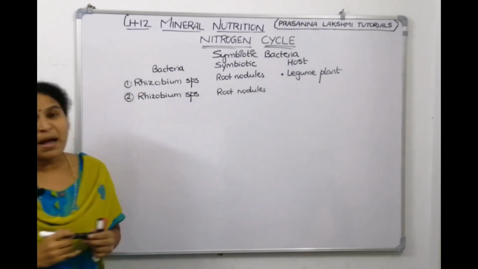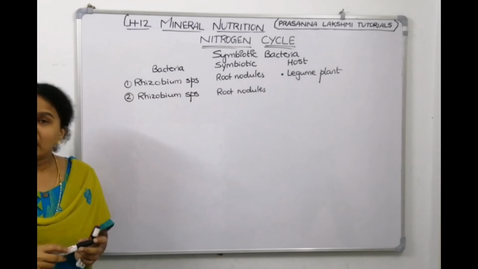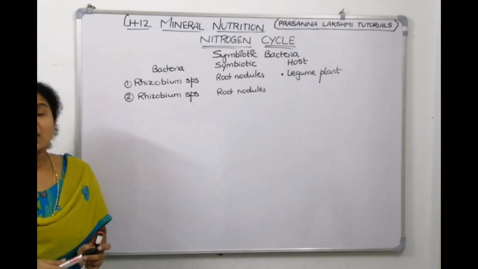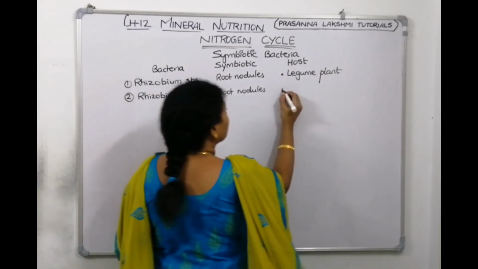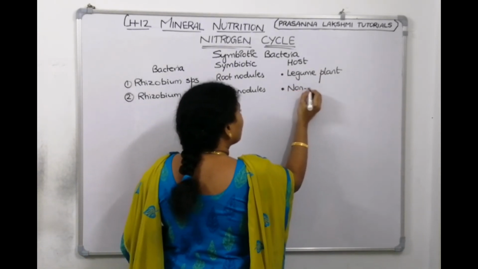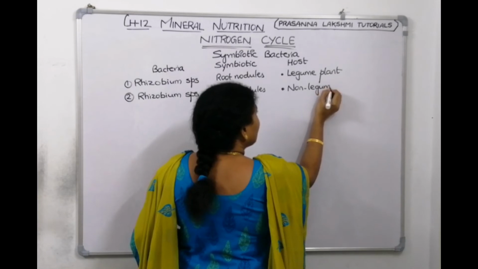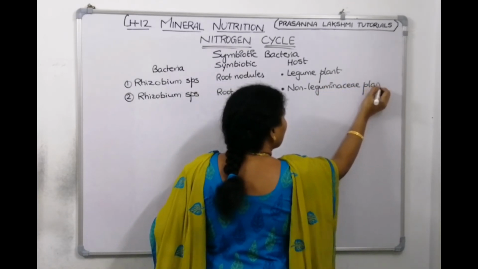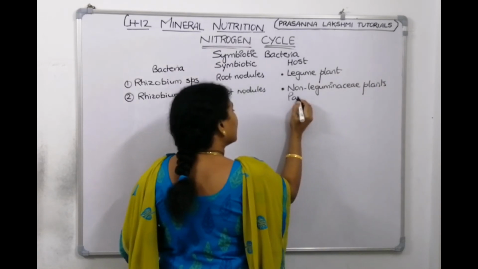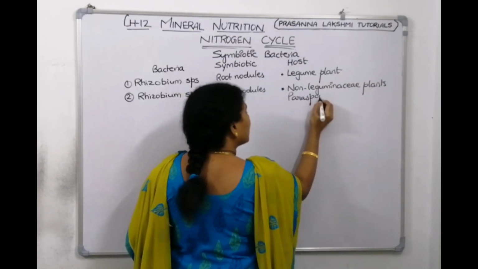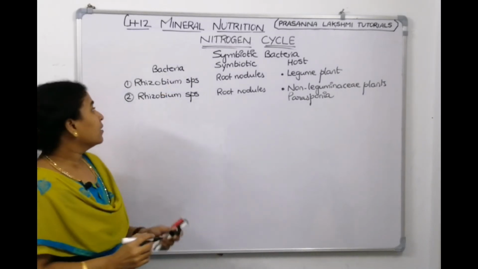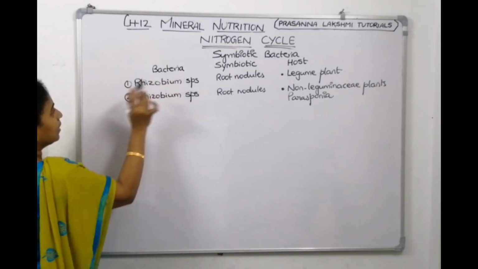So some Rhizobium bacteria will do nitrogen fixation in leguminaceae plants. Some other Rhizobium bacteria will do nitrogen fixation in non-leguminaceae plants. So here let us write non-leguminaceae plants. Example, Parasponia is an example, right children? So these two are the examples for bacteria we wrote.